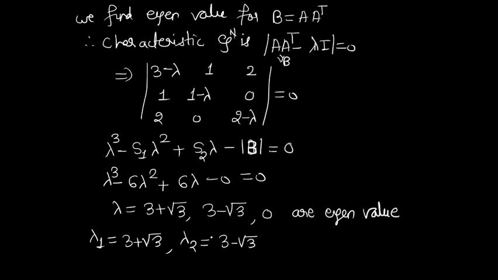So these two are denoted by lambda 1 and lambda 2, and accordingly we will have the singular values, which we denote by sigma 1 and sigma 2. As per the definition, sigma 1 is the square root of lambda 1 and sigma 2 is the square root of lambda 2.